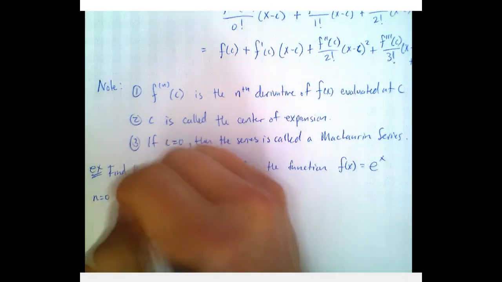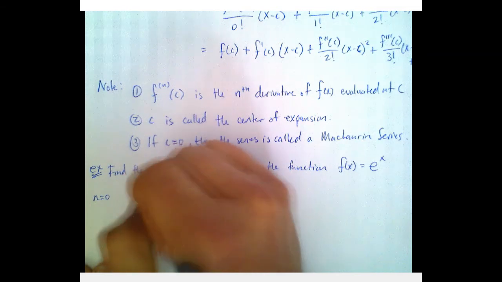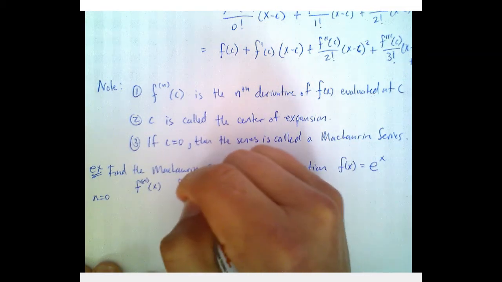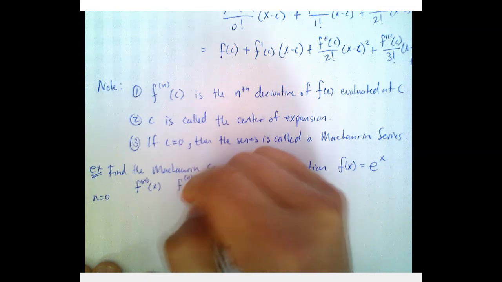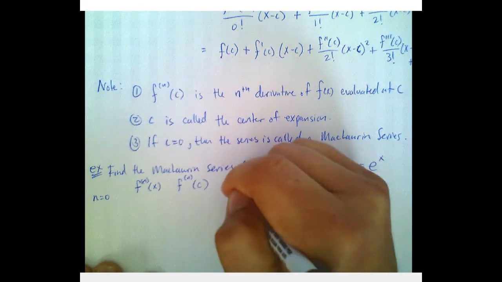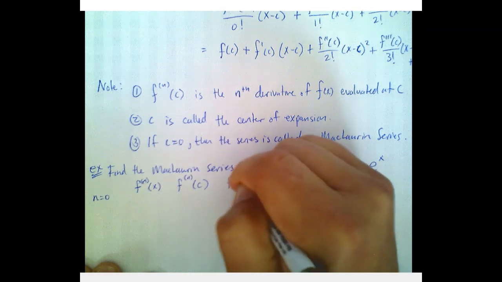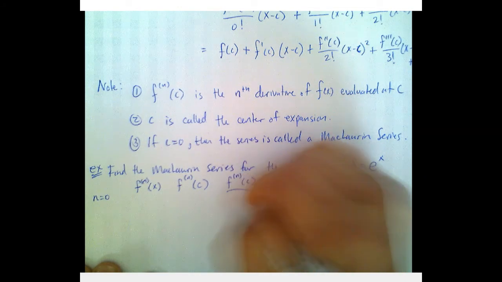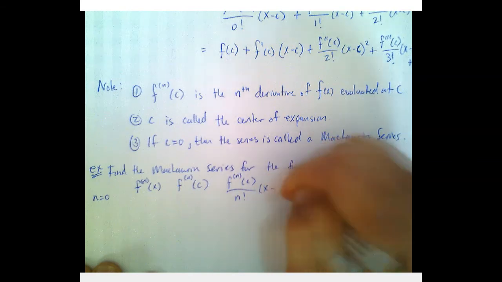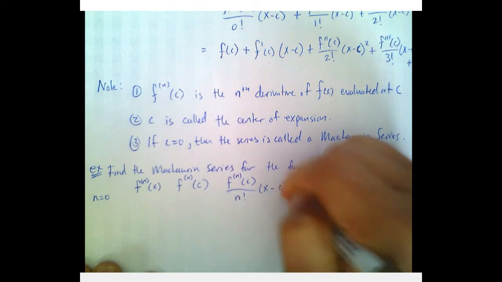So let's do that. So f^(n) of x, we'll need to evaluate at f^(n) of c, and then multiply that by 1 over n factorial times x minus c to the n.